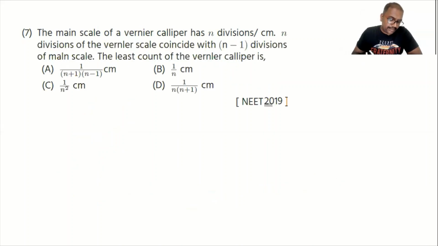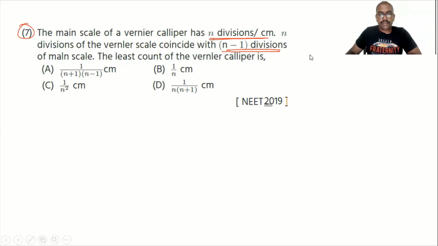Now next one, MCQ number 7. The main scale of vernier caliper has n divisions per centimeter. Another sentence: n divisions of vernier scale coincide with n minus 1 divisions of main scale.